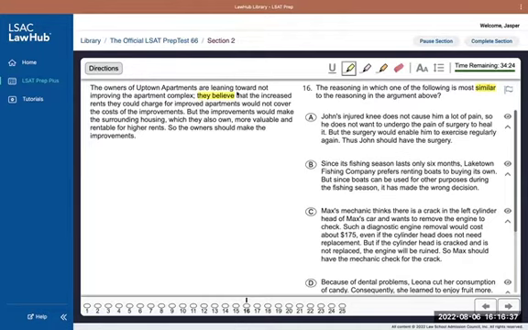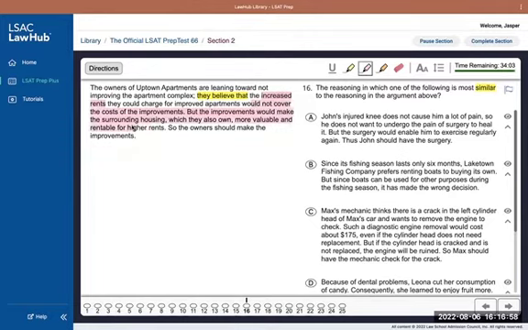So the owners of uptown apartments are leaning toward not improving the apartment complex. They believe that the increased rents they could charge for improved apartments wouldn't cover the cost of the improvements. So overall, it's not going to cover it.